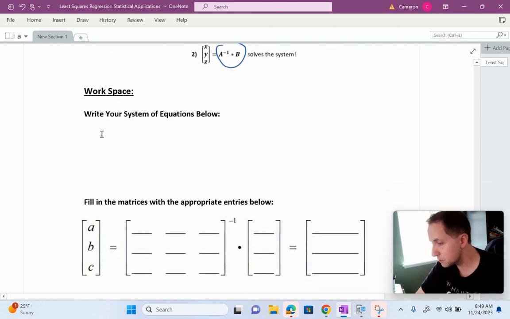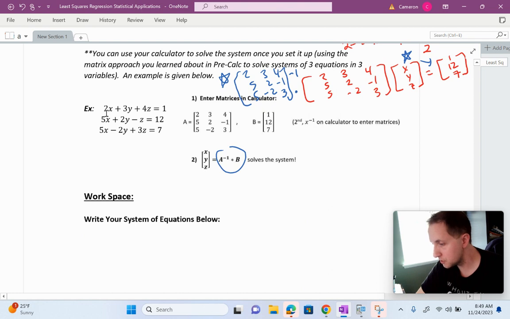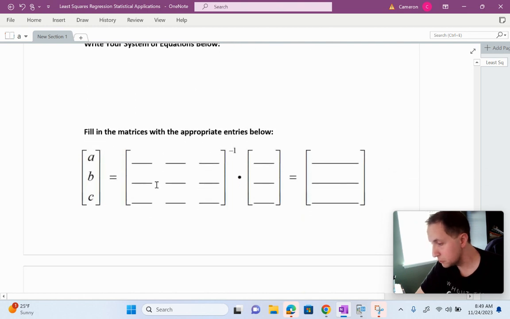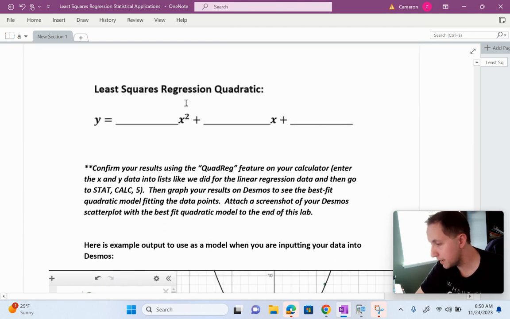You're going to write your 3 equations similar to what I did here, now in terms of A, B, and C. You're going to use matrices to solve your system. So fill in the inverse matrix, fill in the column vector, and fill in the resulting vector for A, B, and C. And then on the last page, you're going to use those to write your least squares regression quadratic equation, the best fit quadratic equation.